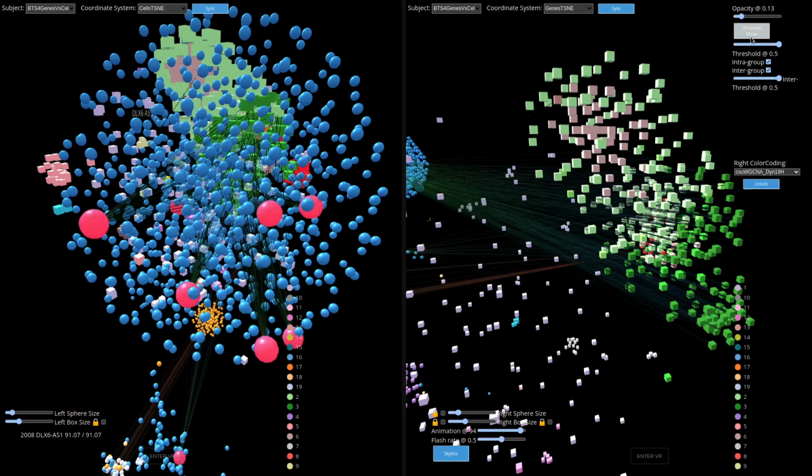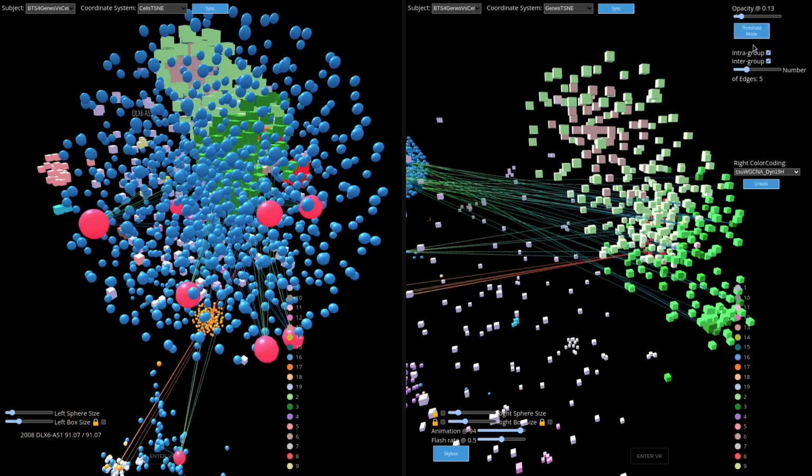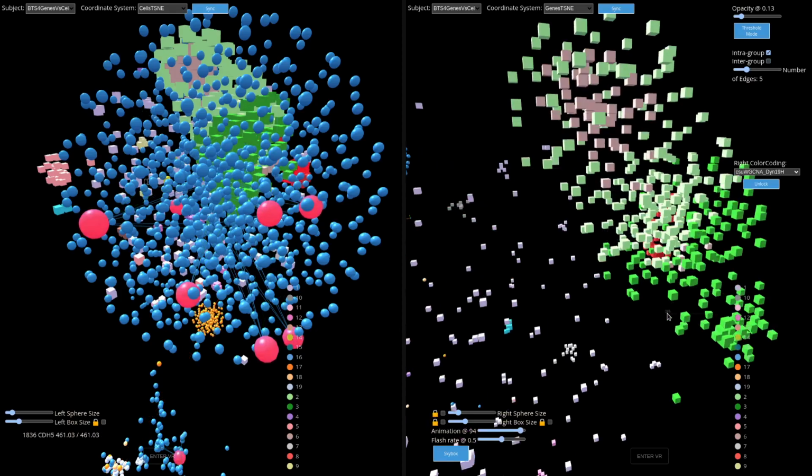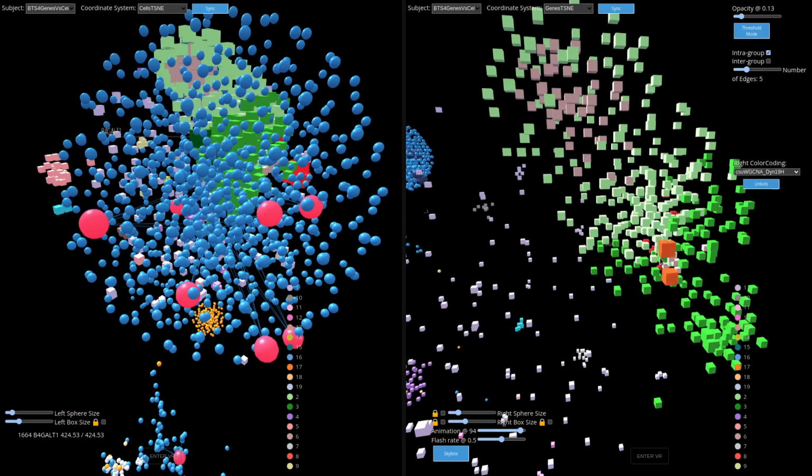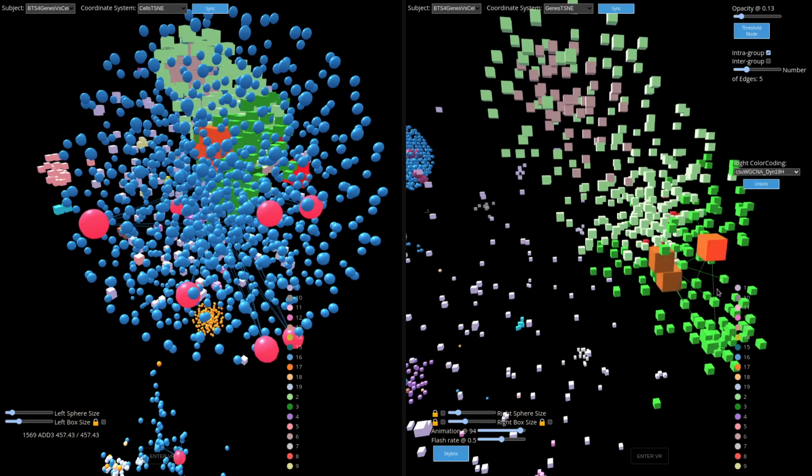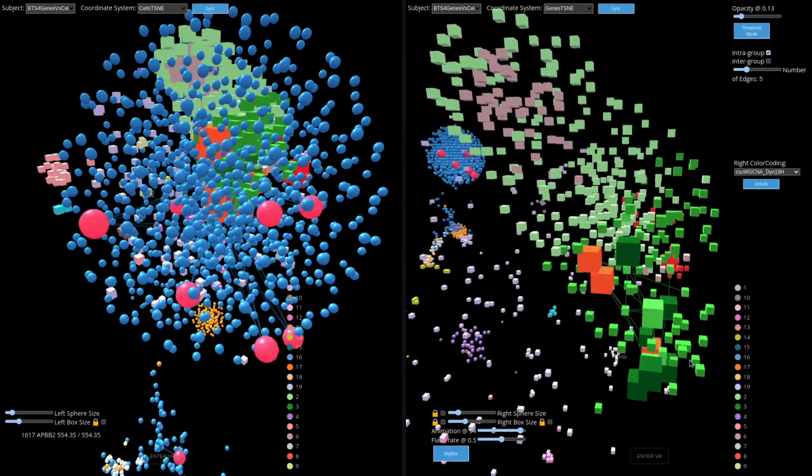So now you can switch threshold mode and turn off the intergroup edges. We can maybe click on some of these green genes and light up their intragroup connection network.